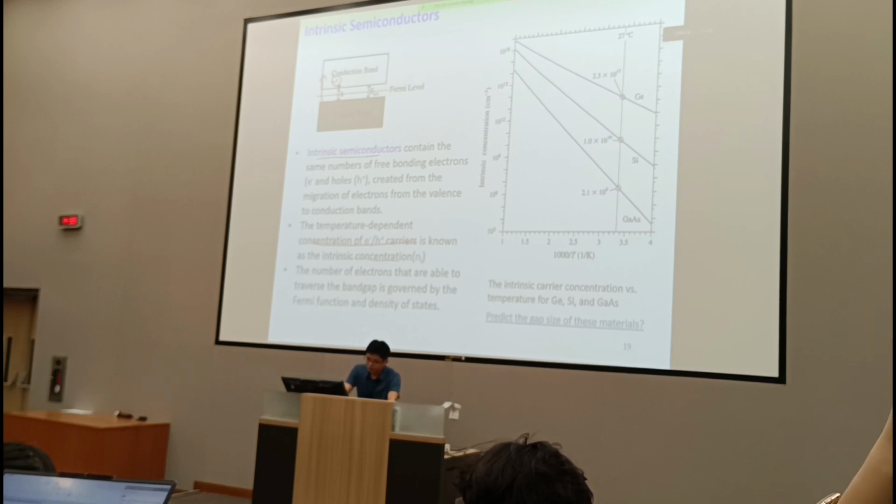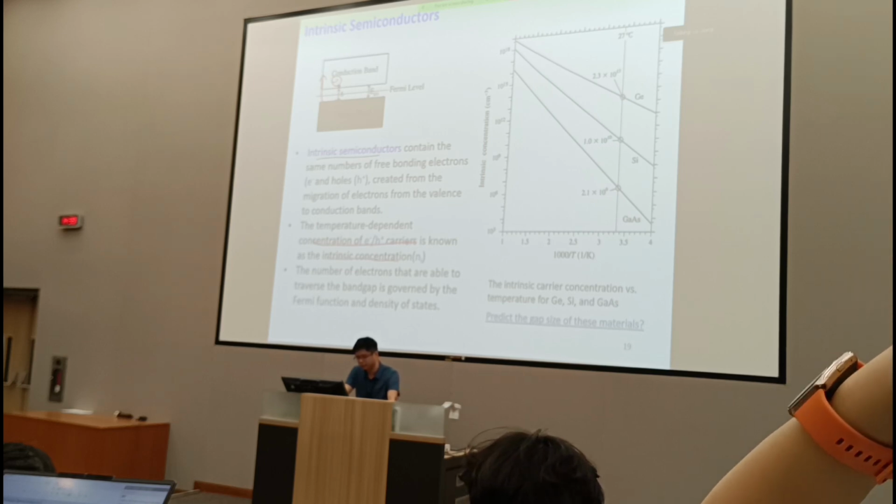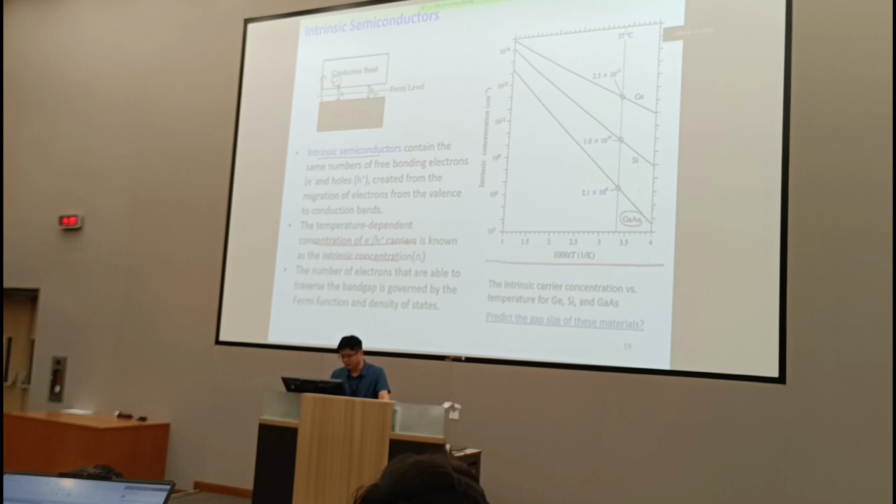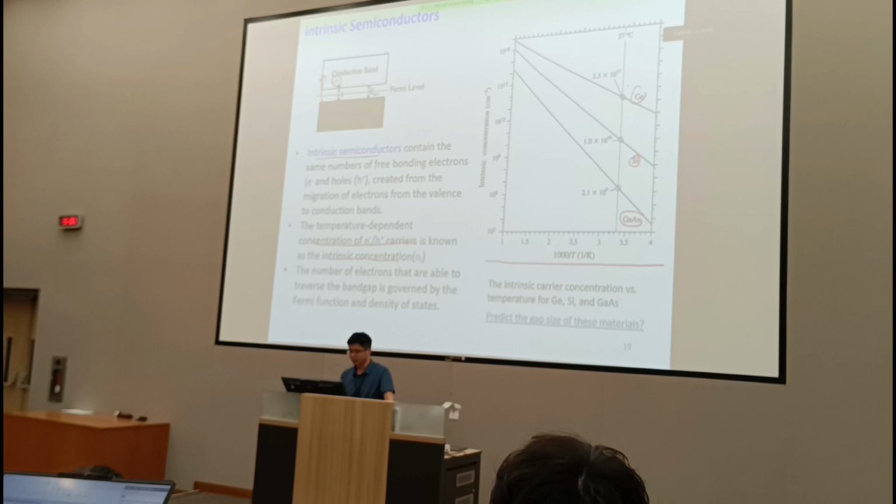The number of electrons that can be created across the band gap is governed by the Fermi-Dirac function, the probabilities, and the density of states. The probability times the density of states equals the actual number of carriers. Here is a plot for different semiconductors, silicon and germanium.